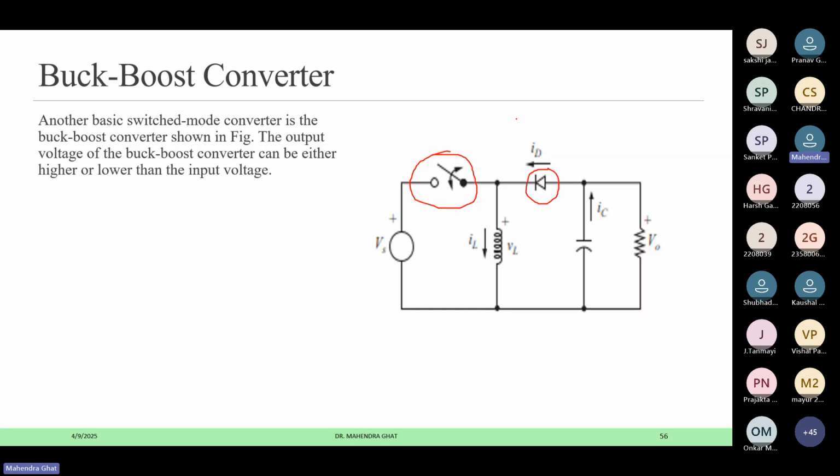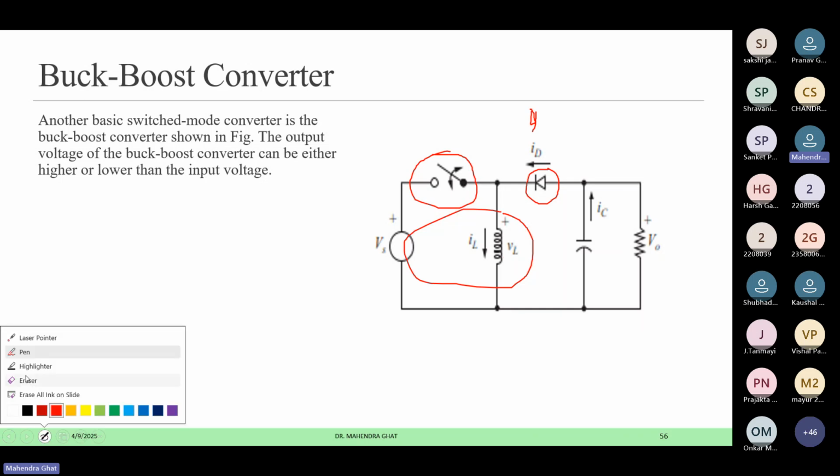You can see previously for the boost converter the direction was in this direction. Now the direction is changed here. So we can say in the buck boost converter, the switch position of the buck converter is taken, and the diode position from the boost converter is taken, but in the reverse direction. And the inductor position is the same as here. So this is the overall structure for the buck boost converter.